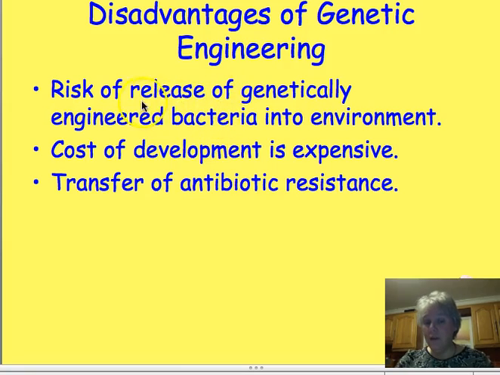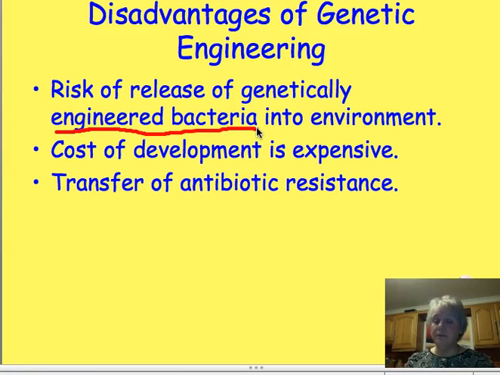Now, one of them is that I did mention that you've got genetically engineered bacteria, so you've put some kind of human gene into that genetically engineered bacteria, and sometimes there's a concern that that might end up in the environment and cause some kind of disease that might affect humans. Or it might be, and sometimes this is used when the bacteria is genetically modified.